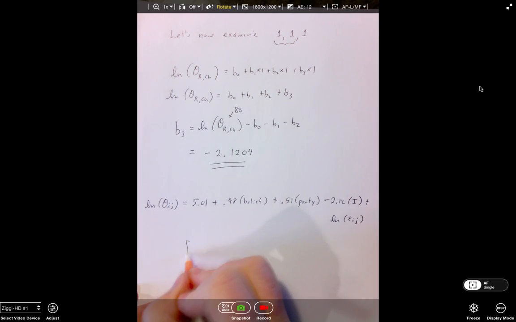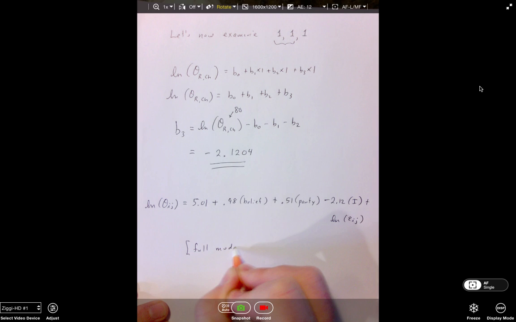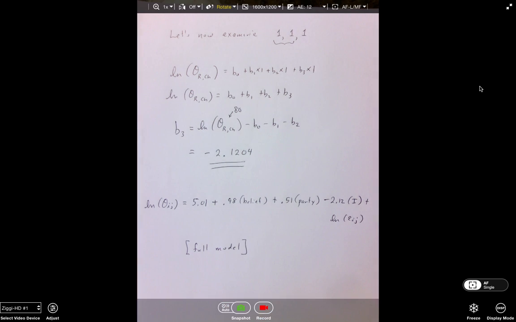So guys, we would refer to this as our full model.